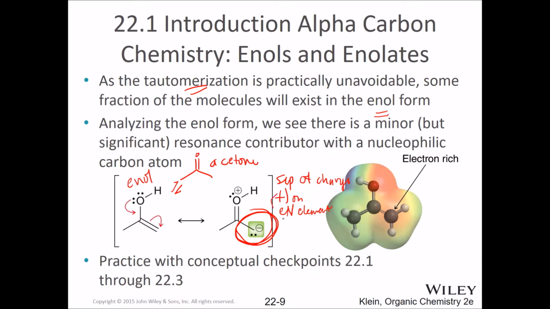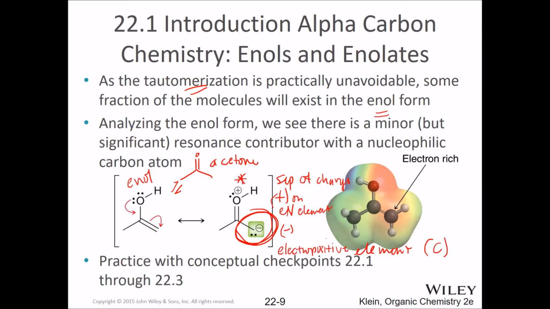And a negative charge on electropositive element. You might want to listen to this slide again, okay? Because this is really important and it's a little subtle. You have a negative charge on electropositive element, which is what? Carbon, right? So you don't like this structure.